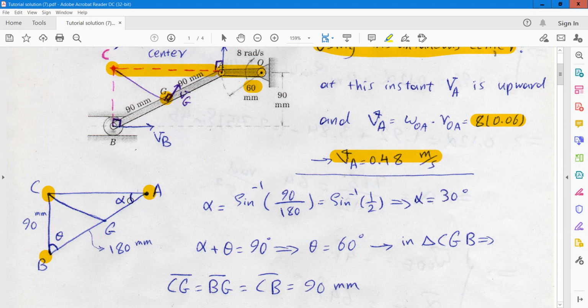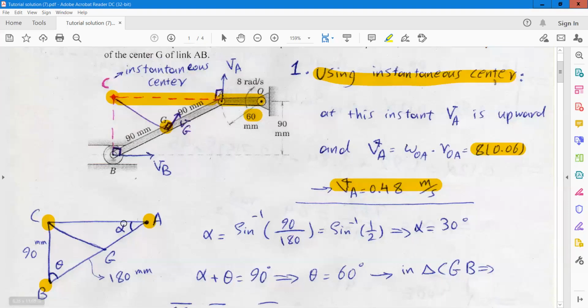Okay, so in this triangle ABC, you can easily find the angle alpha and theta because we know that this length is 90 millimeter. This is 90. This is CB, and this length is 90 plus 90, 180, BA.